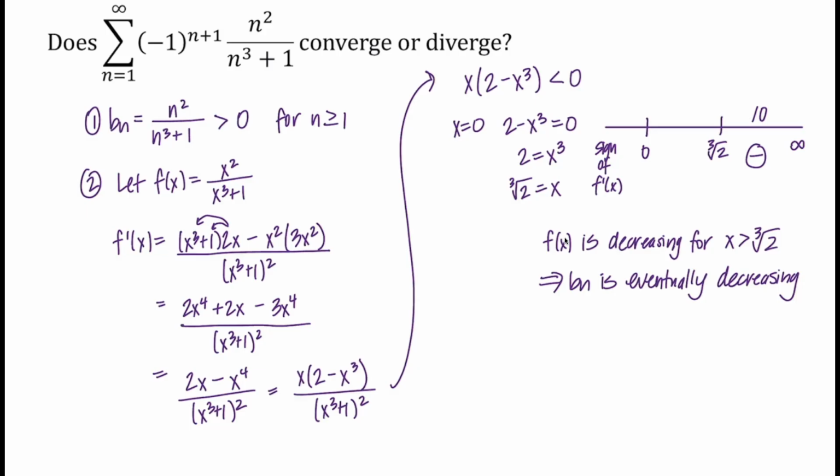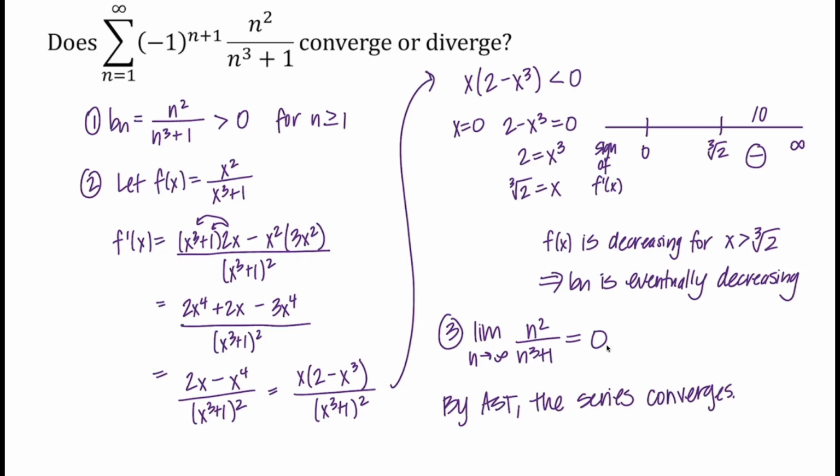So the second condition is satisfied. The third condition, the limit as n approaches infinity of b sub n, n squared over n cubed plus 1, that's 0. We have n squared on top, n cubed on the bottom. Bottom's getting bigger faster. The whole limit goes to 0. So by the alternating series test, the series converges.